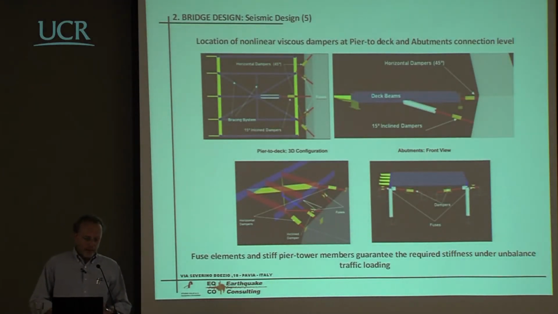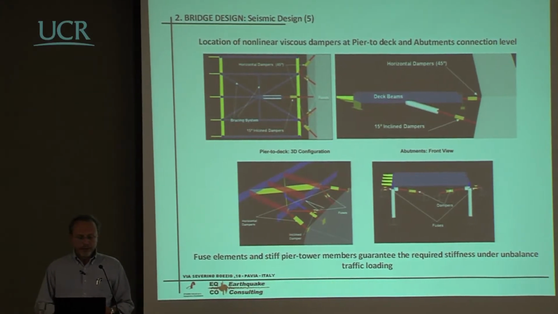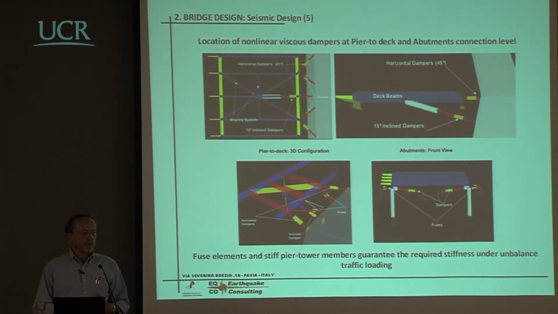So at the end, you go to look at the connection between pier and deck, and you end up with a combination of hydraulic dampers that should give you approximately the properties that I was discussing in terms of equivalent damping, and therefore, since the displacement is given, the force that has to pass through them.